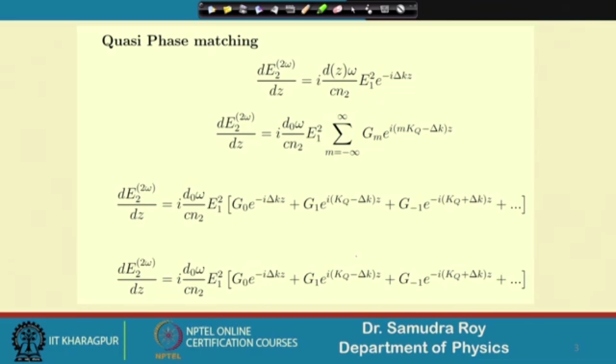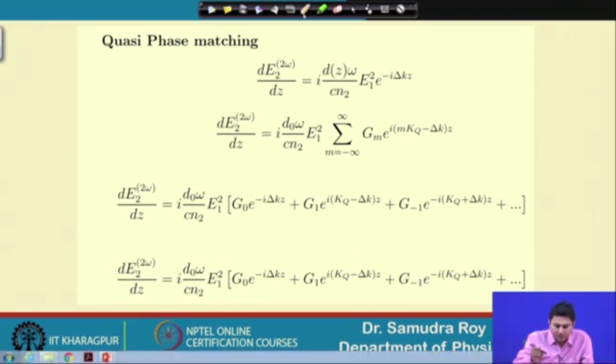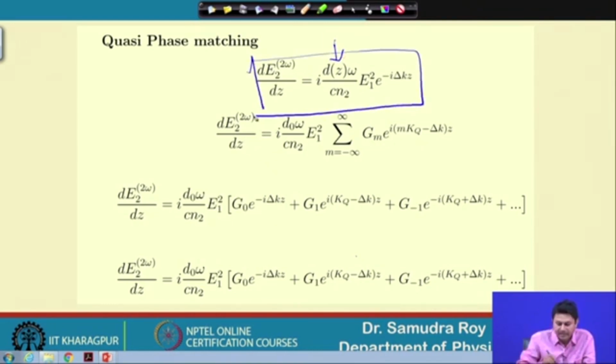For quasi phase matching, d is now a function of z. That is the important part. The equation of the second harmonic, written here in this slide, is exactly the same as what we derived previously. The only important inclusion is that d is now a function of z, meaning there is a variation over d.